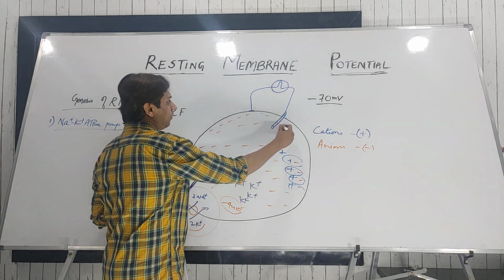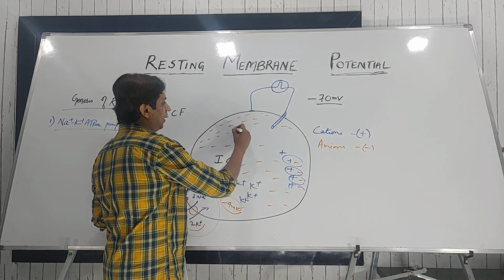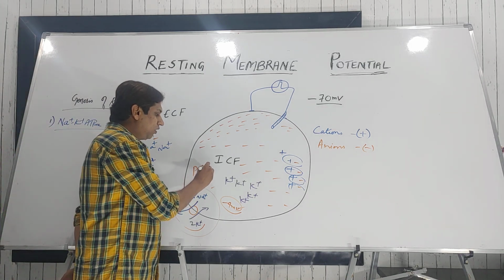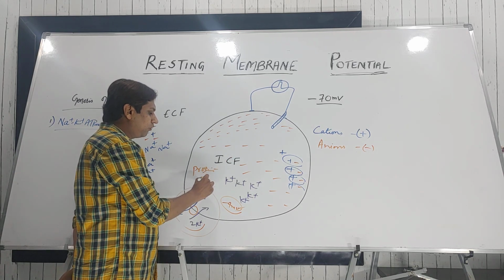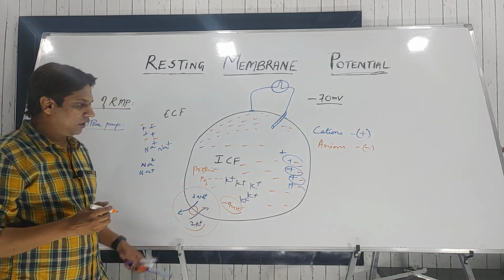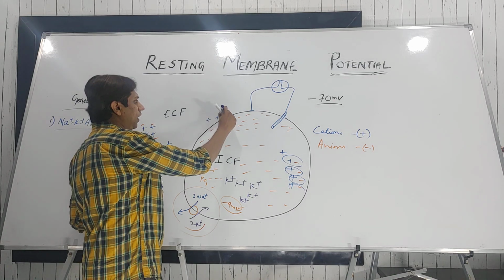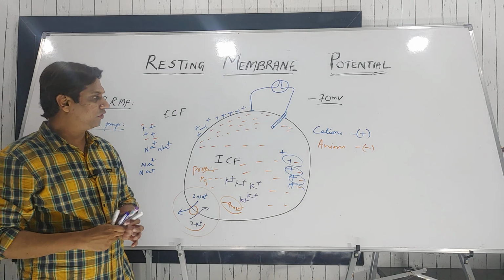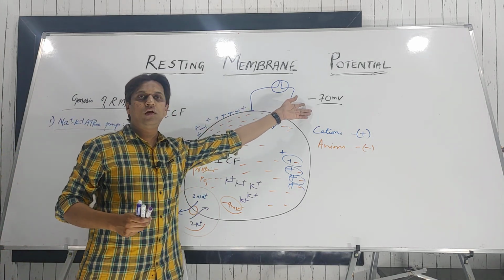Inside, when all are saturated, a few extra anions will be there, like proteins, phosphate, or even chloride. These negative charges come around the cell membrane, and similarly outside the cell there will be extra charges near the cell membrane. The resting membrane potential is because of these extra charges.